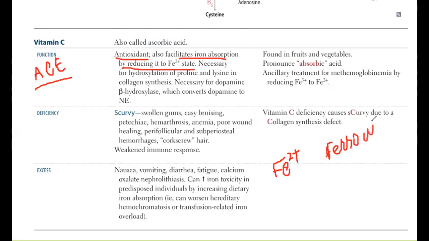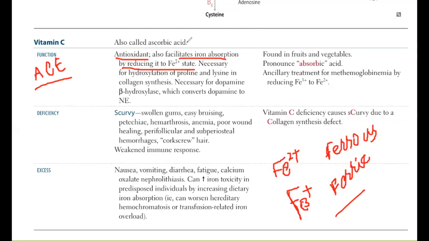Fe2 positive is called ferrous, and Fe3 positive is called ferric. Okay, so Fe3 positive is called ferric and Fe2 positive is called ferrous. Okay, so I will not be saying 2 positive or 3 positive. I will be using these terminologies, ferrous and ferric.